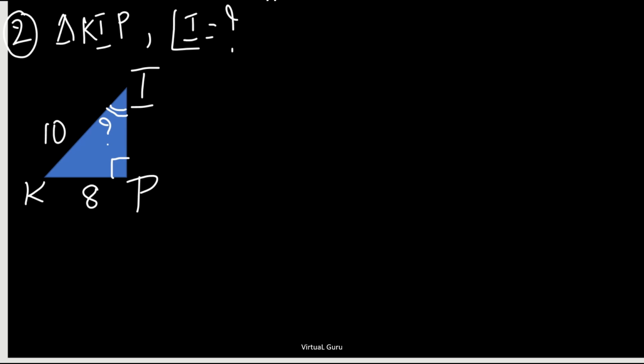With respect to angle I, what is given? The opposite is given. Let us decide which trigonometric function to use later. Then with respect to I, what else is given? It is not the adjacent, it is the side opposite to the right angle of 90 degrees, that will be the hypotenuse.